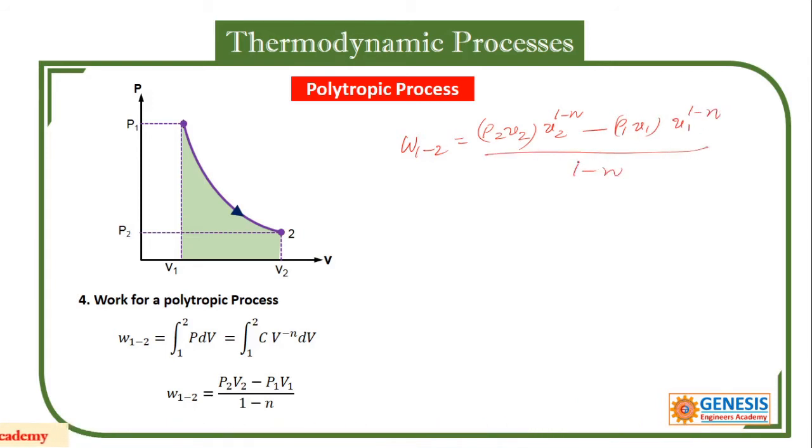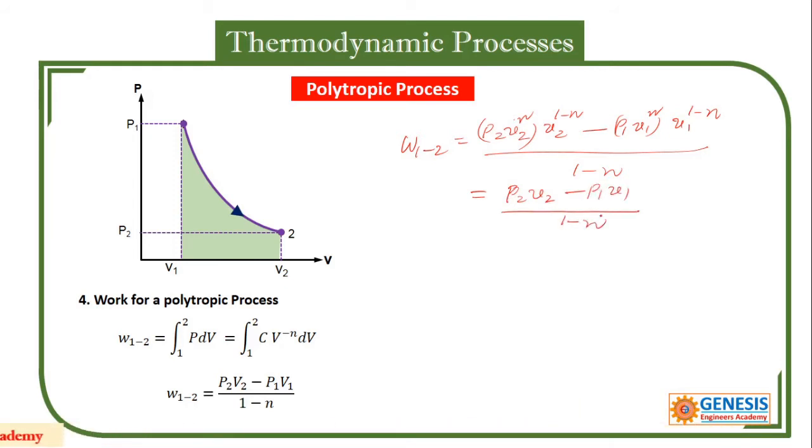So this and this, what happens to this? Sorry, this is n and this is also n, and this gets cancelled. You will have P2 V2 minus P1 V1 by 1 minus n.